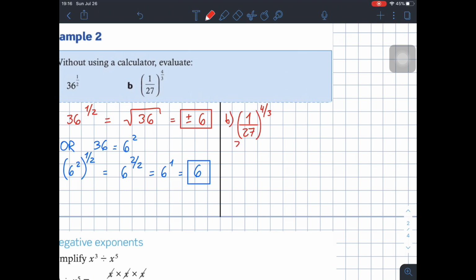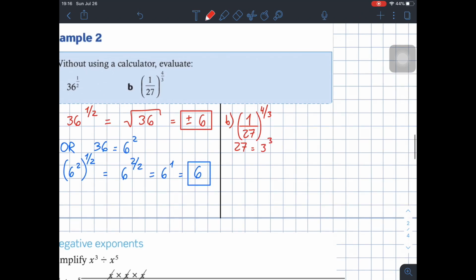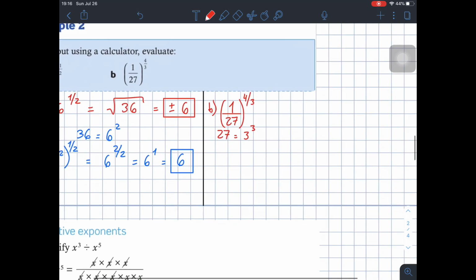We know that 27 is equal to 3 cubed. So we can rewrite this expression as 1 over 3 cubed to the power of 4/3. Now, as this 4/3 is the exponent, we can distribute, or multiply this exponent by each of these terms over here, right?